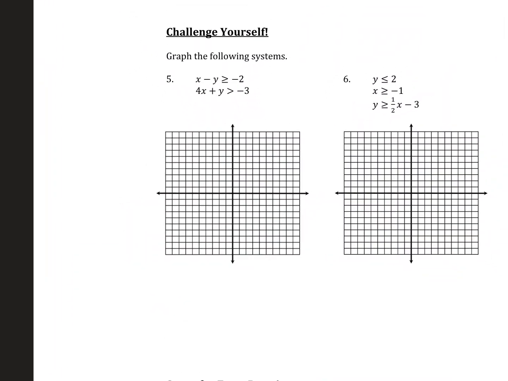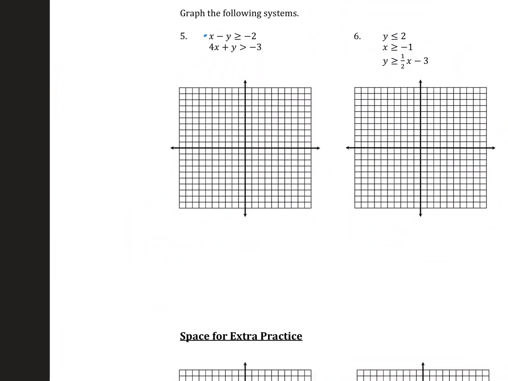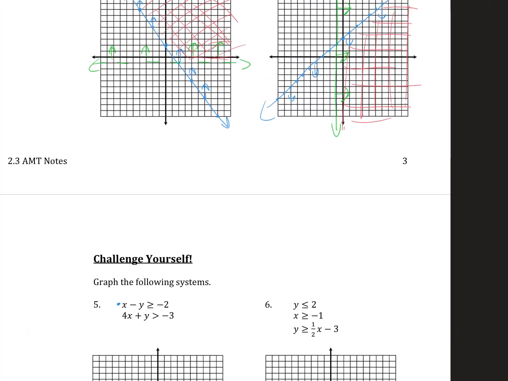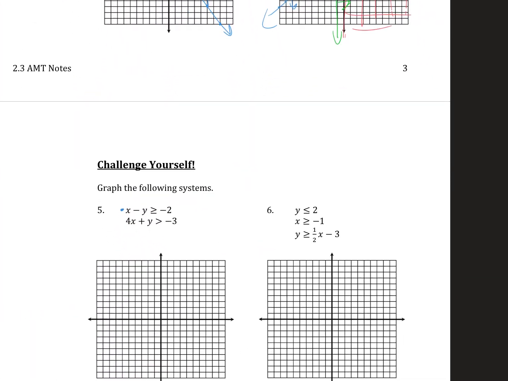So for this one, is y by itself for this top one here? It is not, so we need to get y by itself. So we have x. Oh, one more thing I forgot to mention here. This is kind of a thing with inequalities.